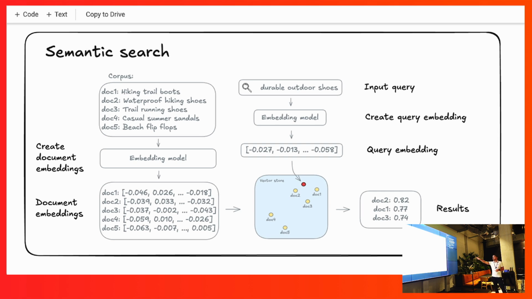And then we are doing vector search and getting the similar, but this time contextually similar items, items with similar meaning, and we are scoring that and getting results.